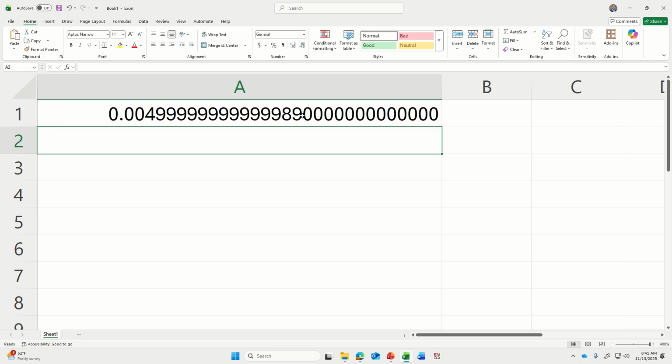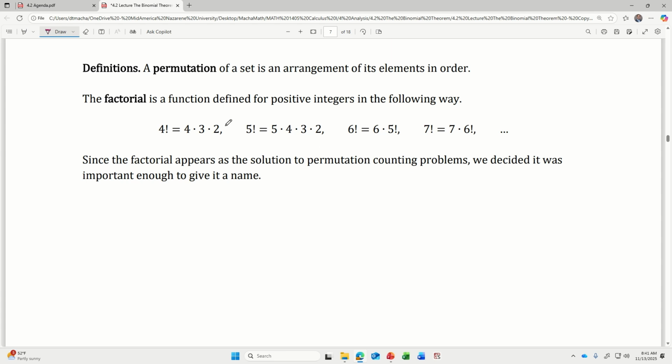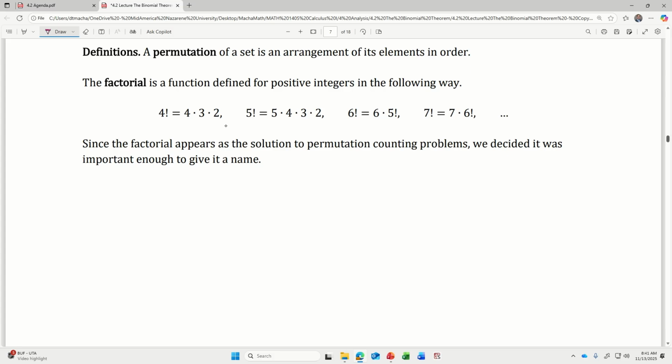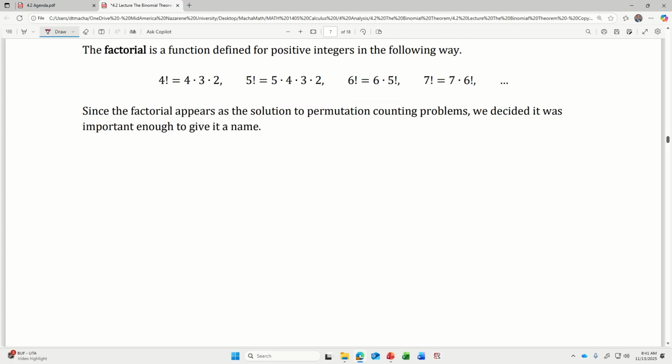This is the reason anybody says, like, oh yeah, even computers have round off error. It's because of stuff like this. You can't store every real number in a computer. Okay, so regardless, with factorials, since they grow really fast, you can't store 1,000 factorial in a computer anyways. So you could write your answer as 1,000 factorial.